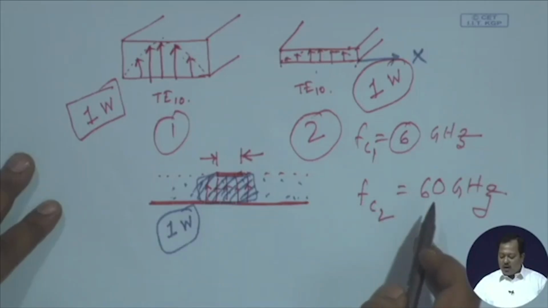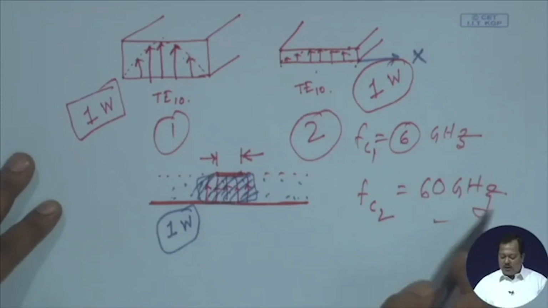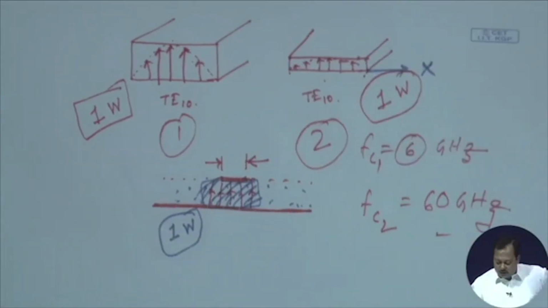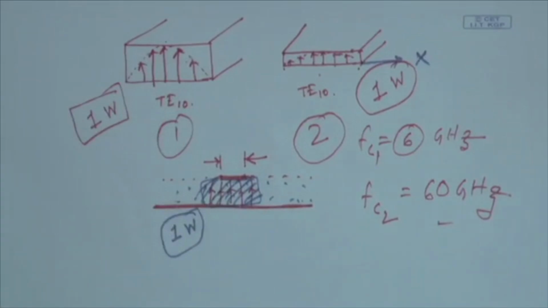So, it will provide high loss, and not only that, power handling capability will decrease for the second case. So, the conclusion is that if I decrease the cross sectional area of any guiding structure, we will have higher loss and lower power handling capability.